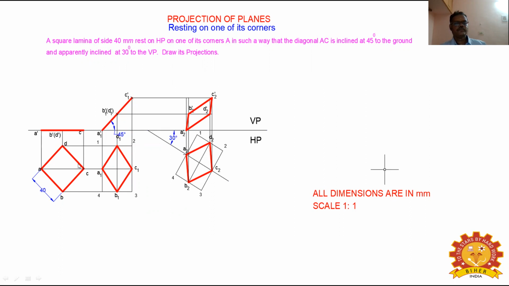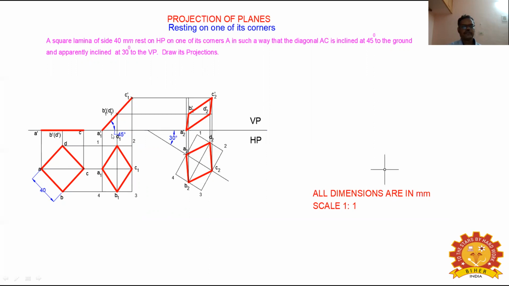Therefore, construct this square with a side 40 mm, mark as ABCD. Now draw projection lines, mark as A dash, B dash, D dash and C dash. Since AC is a diagonal, therefore A1 dash is fixed.